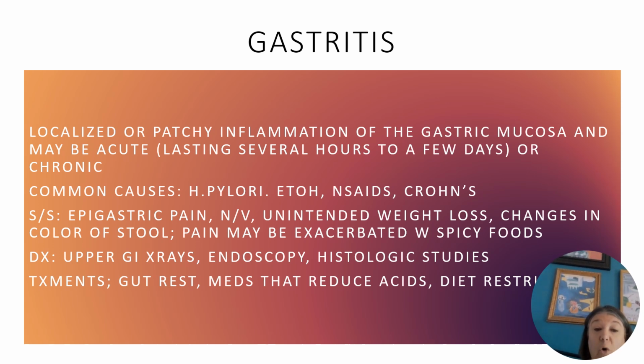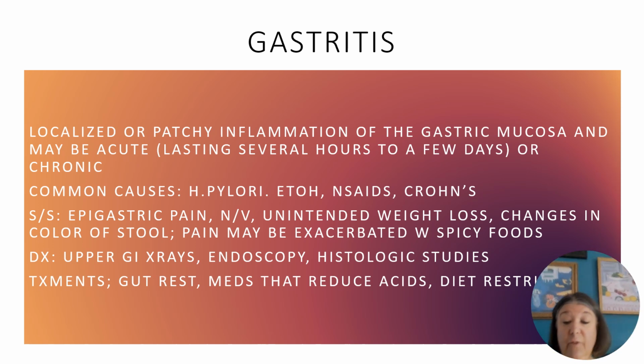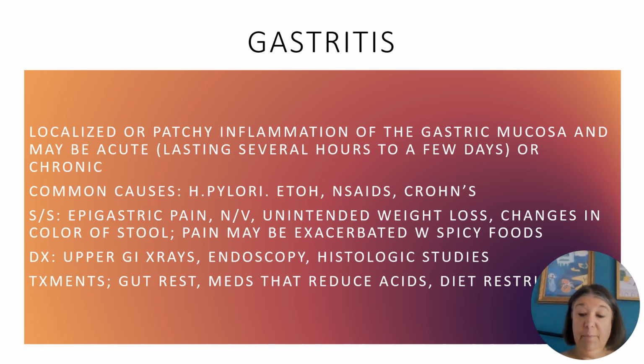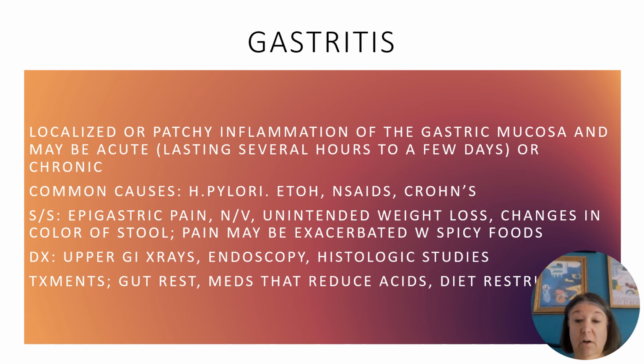So we want supportive care for relieving the clinical manifestations, but we also want to remove the causative agent. So if our person has gastritis, stop eating spicy foods, don't drink alcohol, stop the caffeine, and so on, right? All of that stuff. GI rest should be provided for about 6 to 12 hours of NPO status.